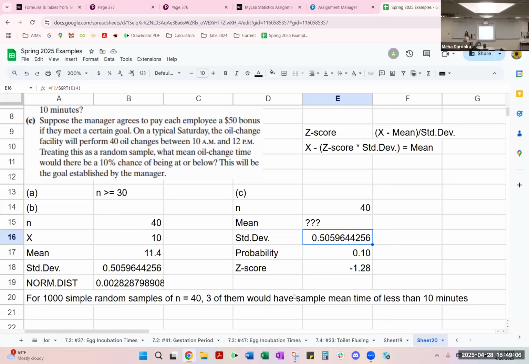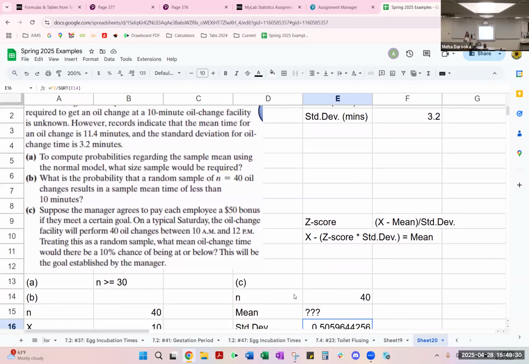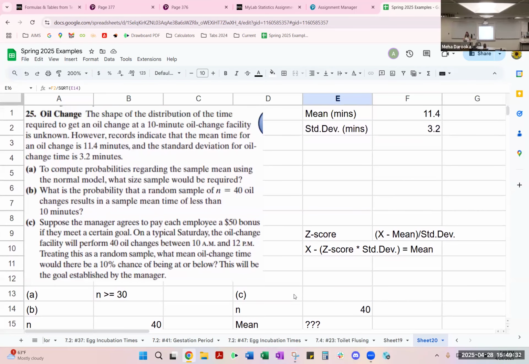We've got what mean oil change time would there be a 10% chance. I think we can actually calculate that because we know.